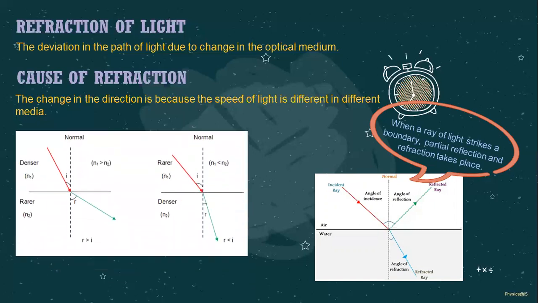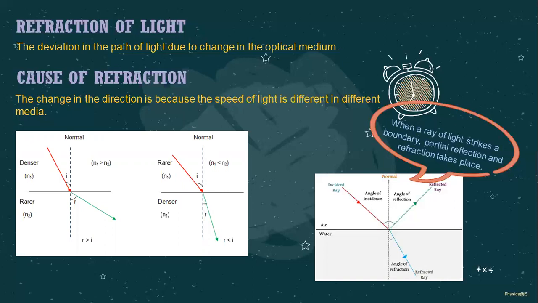Now, these are the two cases where we see a ray of light traveling from denser to rarer medium and rarer to denser medium. In case 1, where the ray of light travels from denser to rarer medium, we can see that the refracted ray shown in green color moves away from the normal.